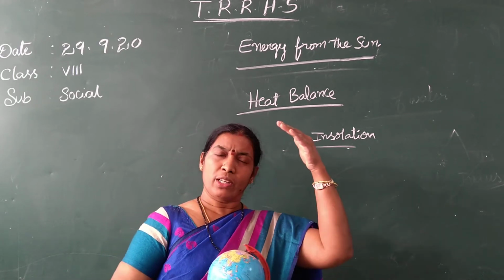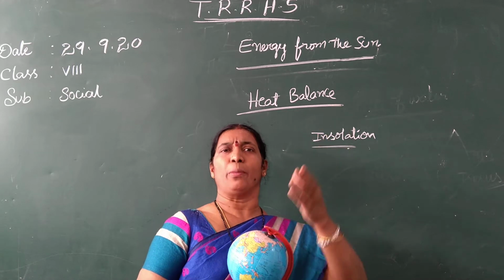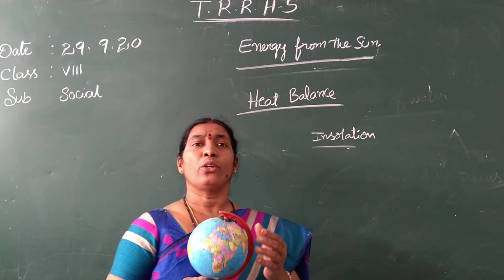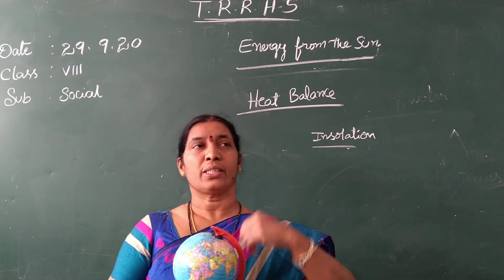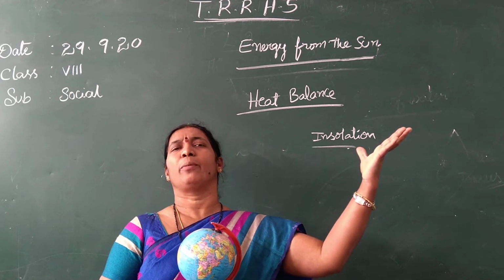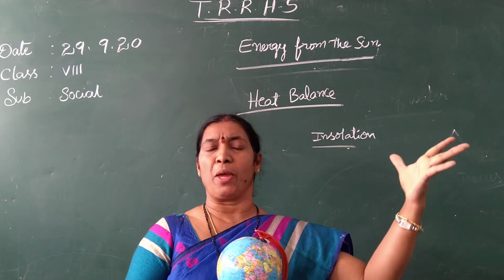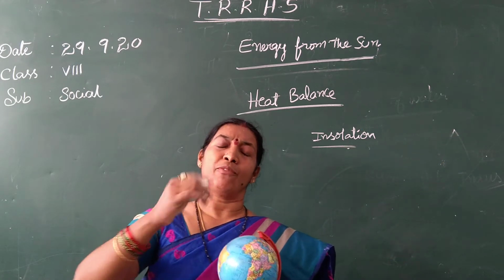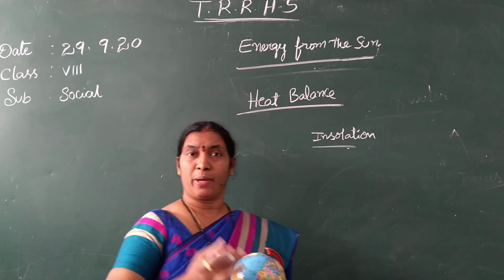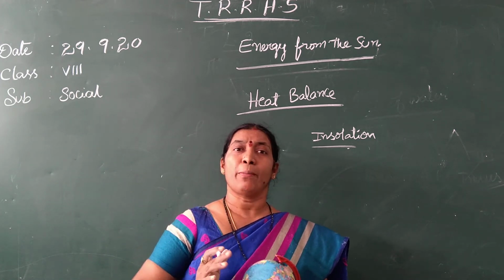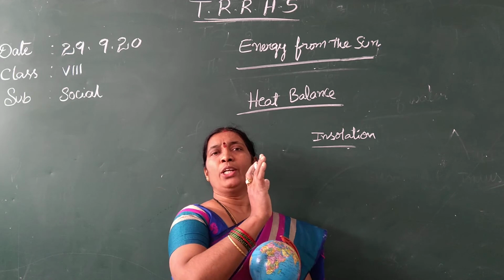Most of the sun rays coming to the earth are not totally taken by the earth. 30% is radiating back to space, and some will be taken by the atmosphere, some by the dust and other particles in the atmosphere, and some will be radiated back into space.